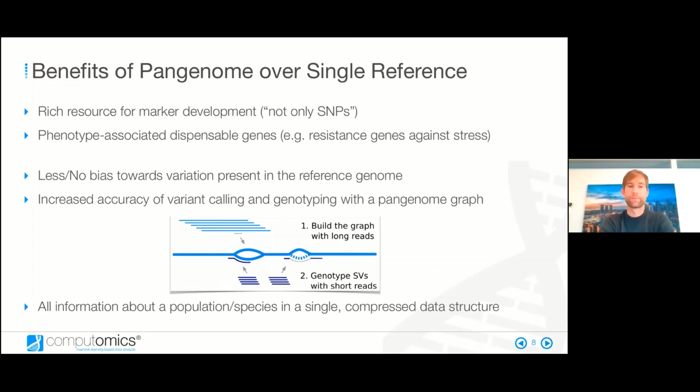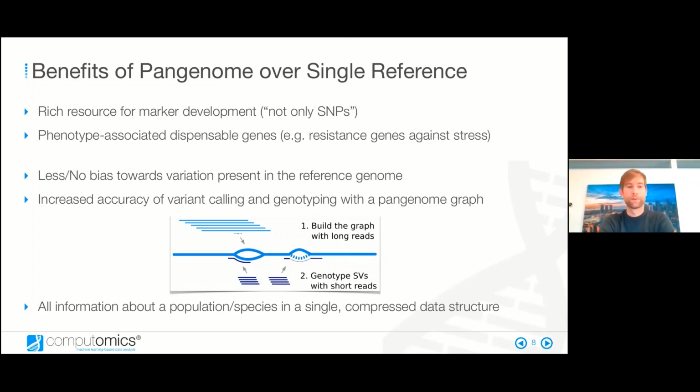The idea is that you build a graph with high-quality data that represents short, long and complex variation, and then you can genotype those variants with lower quality data like short reads, because you now know the variants and can look for them in this low-quality material. That was not possible before with only short reads.